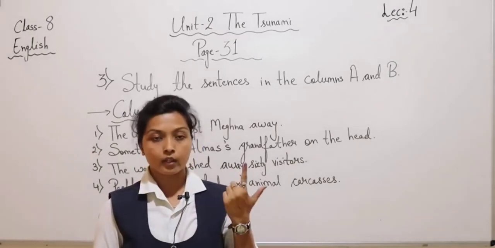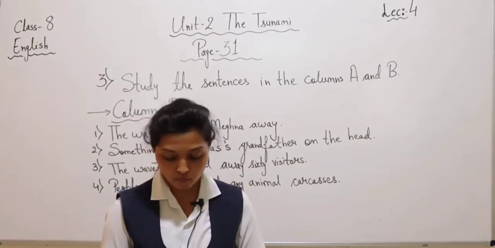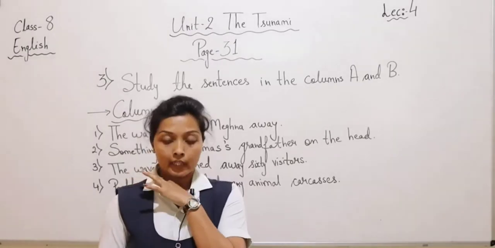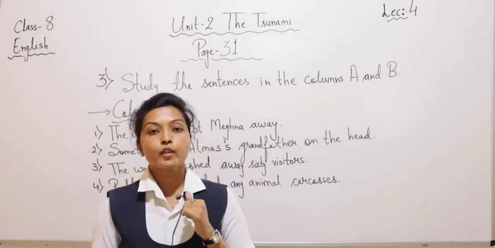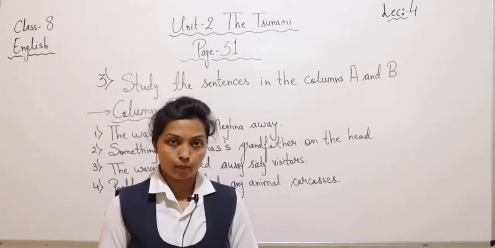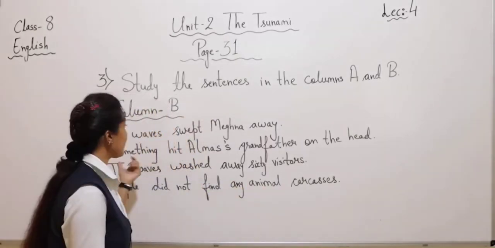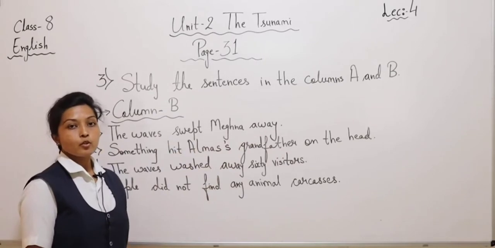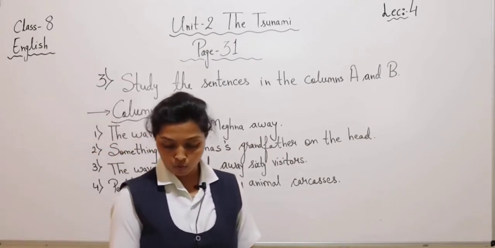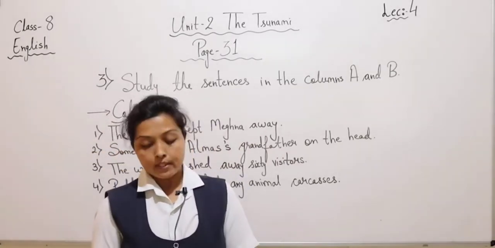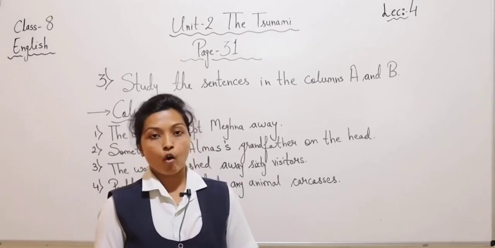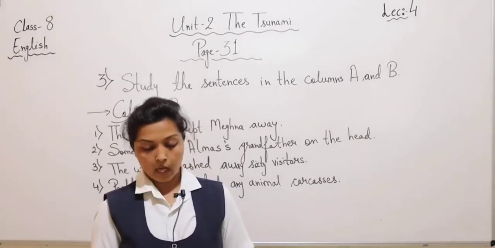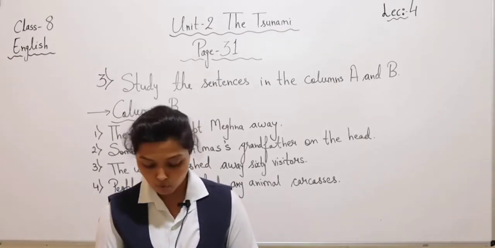So that's why it's passive voice. In B, the doer of the action is named. In B, we see the waves swept Meghna away. So the verbs are in the active form, and the sentences are in the active voice.